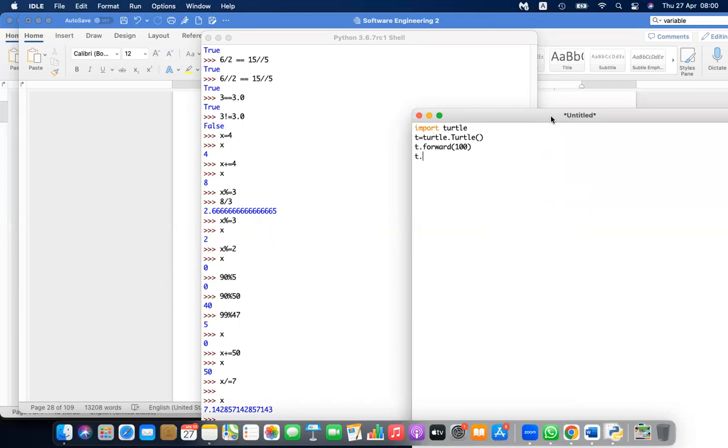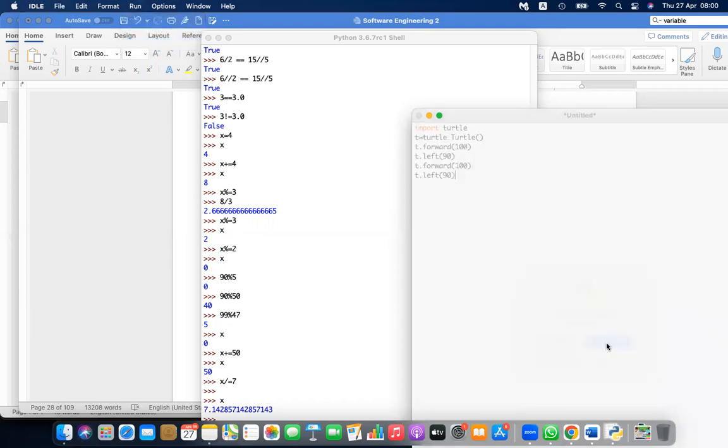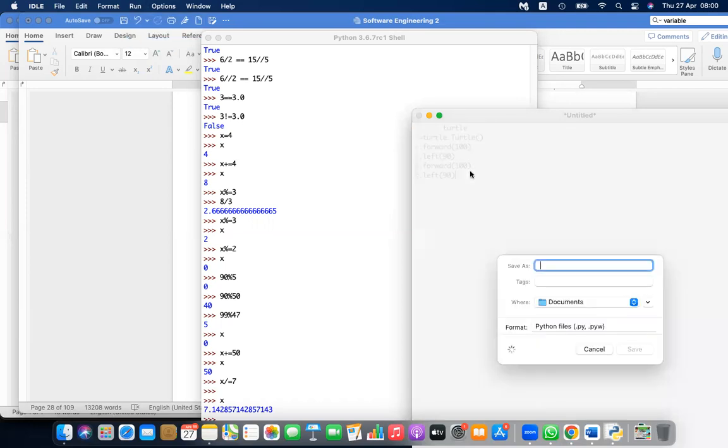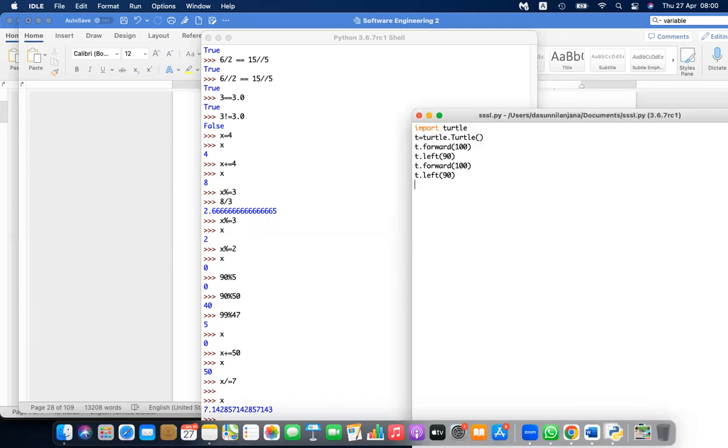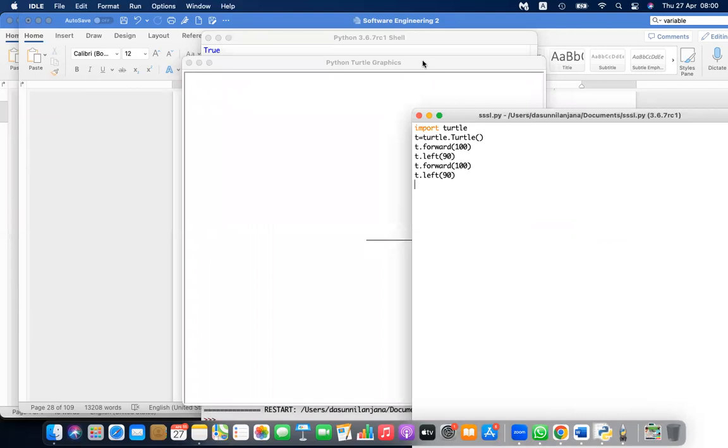T dot left, turn left side 90 degrees. And I'm repeating this, repeated 2 times, right? When I click run, you can see it's drawing this kind of shape on the screen.